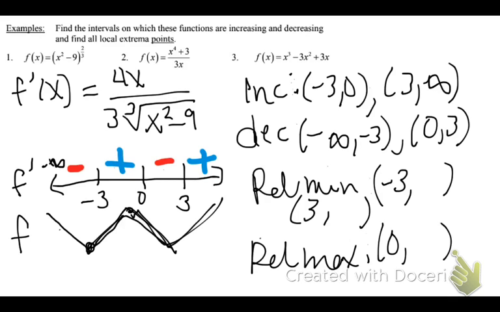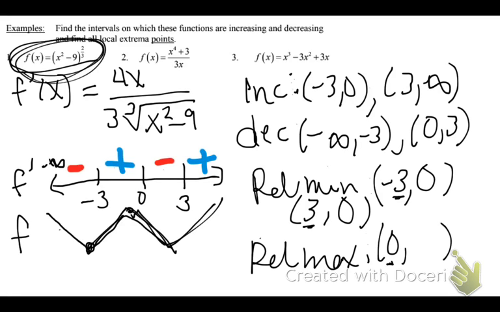Now to see what that actually is, we need to plug these values into the original function. So if you're actually trying to find what that max value is or that min value is, it always goes to the original function. So if I plug negative 3 into this original, I would get negative 3 squared is 9, 9 minus 9 is 0, so I get 0, same thing for 3.